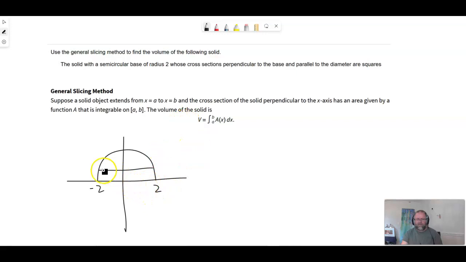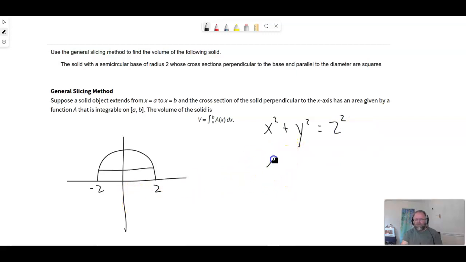So the first thing is, what is this distance across here? Well, the upper half of a circle, well, let's go ahead and start with the circle. So we have the circle, that's x squared plus y squared is equal to the radius squared. So that's 2 squared. And now, remember, we want to get this in terms of y, so we want to solve for x.